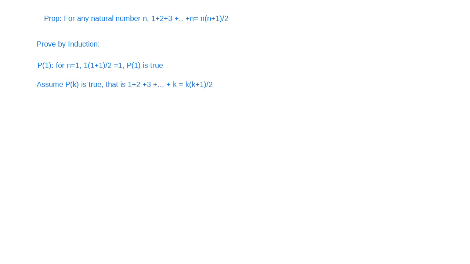Okay, I'm assuming P of k is true, which means when n equals k, it's a true statement. We want to use P of k to prove P of k plus 1.